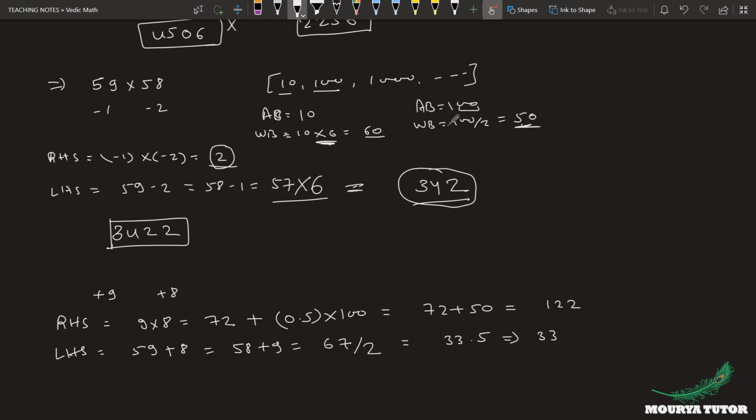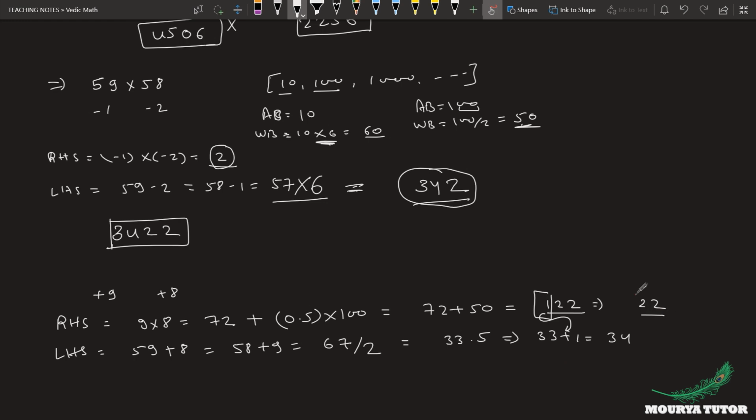Number of zeros in the actual base is 2, but we got 3 digits after adding this 50. So what we need to do, we need to keep this 22 only. This 1 will be a carry to the LHS, so we need to add it here, 34.